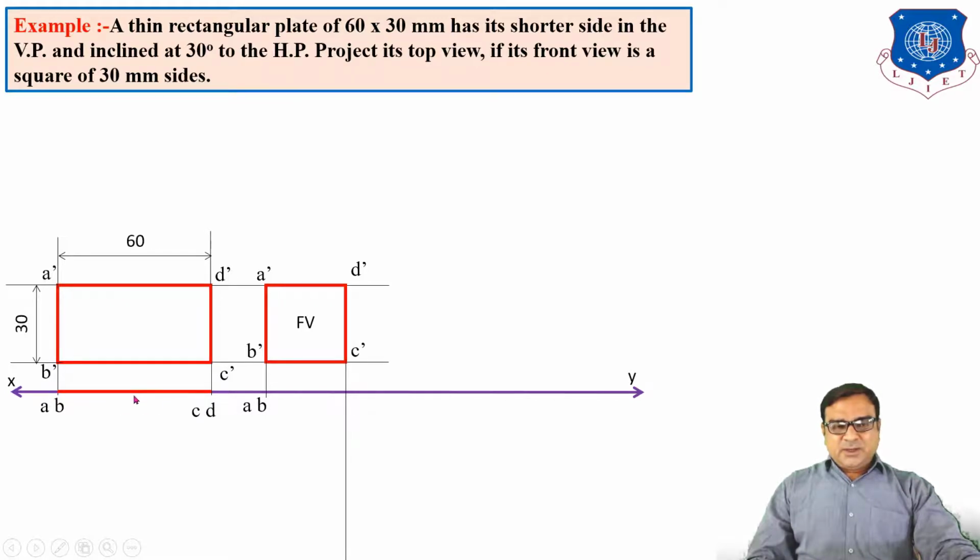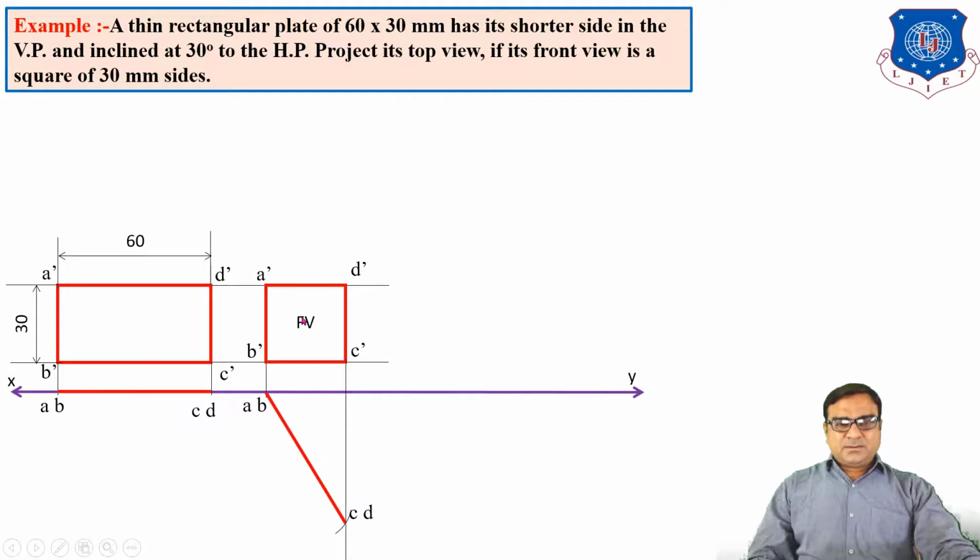So take the compass, take A as center, radius AD, and draw an arc on this line because this is the locus of C and D. This point is CD, and join the straight line. So this is the top view and the surface is inclined to VP.